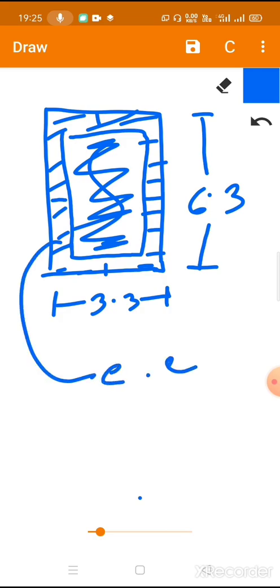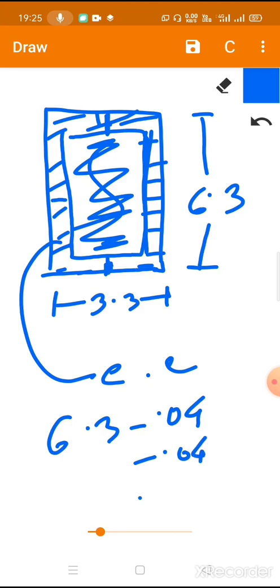So if this is 40 millimeter or 4 centimeter and this is 4 centimeter, then what is the length along this direction where the reinforcement will be provided? The length will be 6.3 minus 4 centimeter, that means 0.04, minus again 4 centimeter, 0.04.